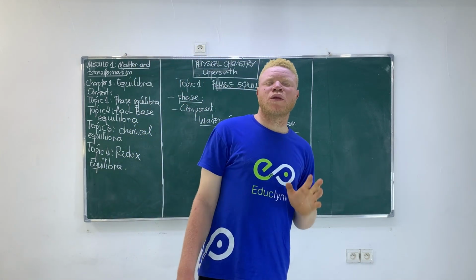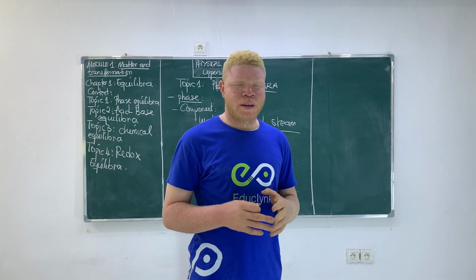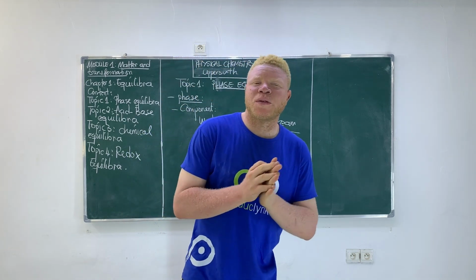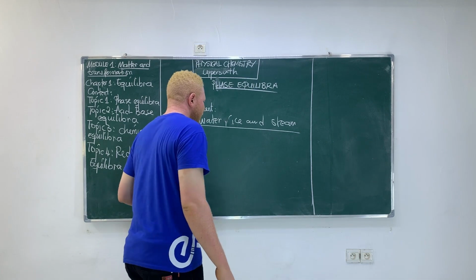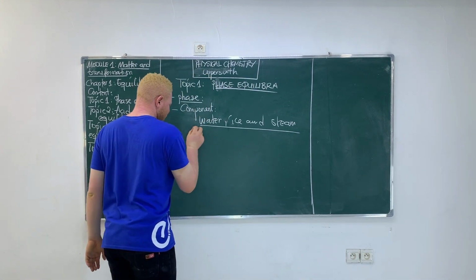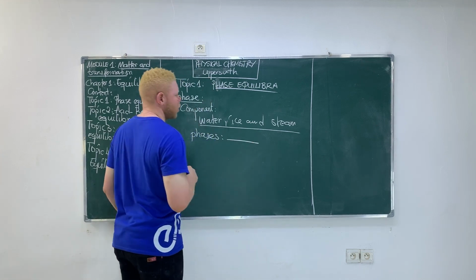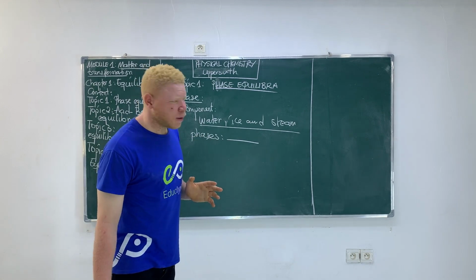In this case, we wish to know the number of components and the number of phases. The phases are the homogeneous and physically distinct parts. So in this case, we have three phases.